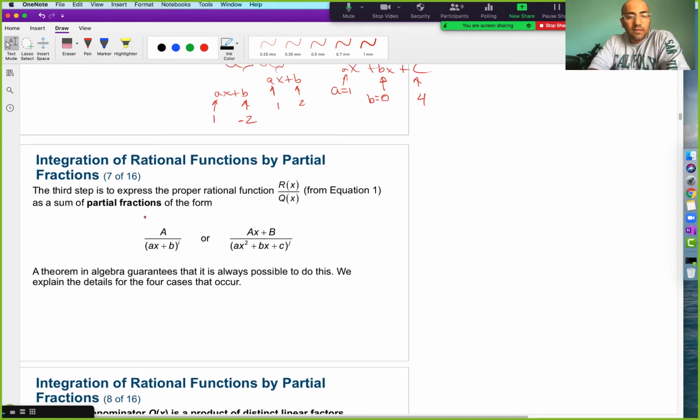These are the two kinds of fractions we're going to be using when we break down our rational function. It's going to be a summation or subtraction of fractions of this form, or of this form. So the denominators are all going to be equivalent to the terms of our denominator once it gets factored.